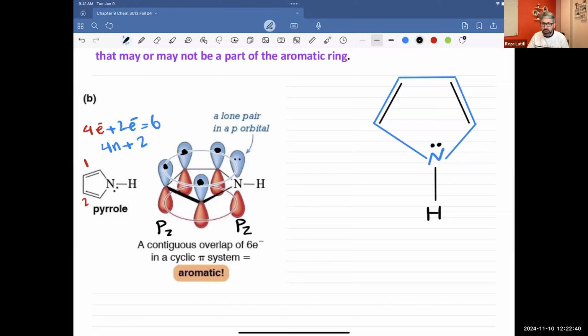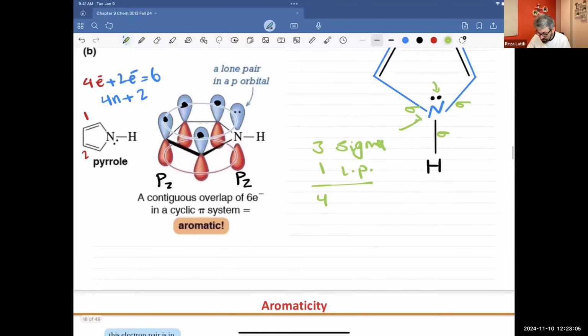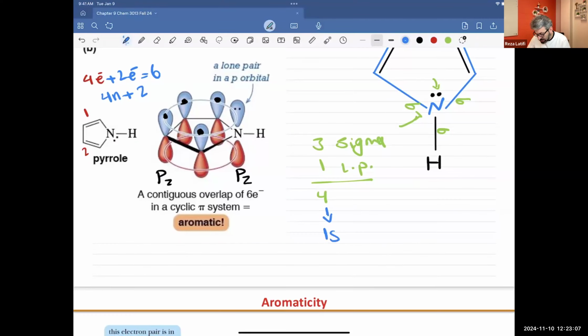And you might say, wait a minute, the hybridization of nitrogen is something else. So how come we are dealing with pz? Let's tackle that one. If you look at nitrogen, it has 3 sigma bonds and 1 lone pair. So 3 sigma plus 1 lone pair, I get 4 pairs. Hybridization is supposed to be this: 1 from s, 3 from p, we get 4 sp3.